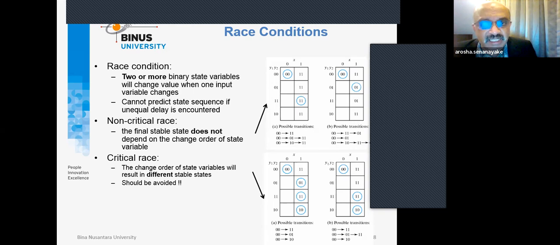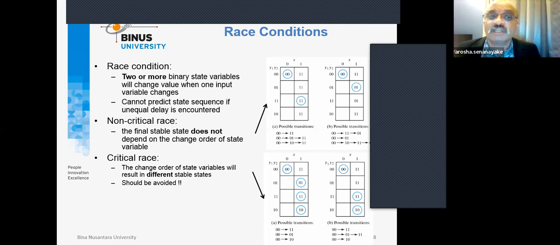What is the meaning of race condition? As you can see, when one input variable changes, two or more binary state variables will change. That causes a race condition.